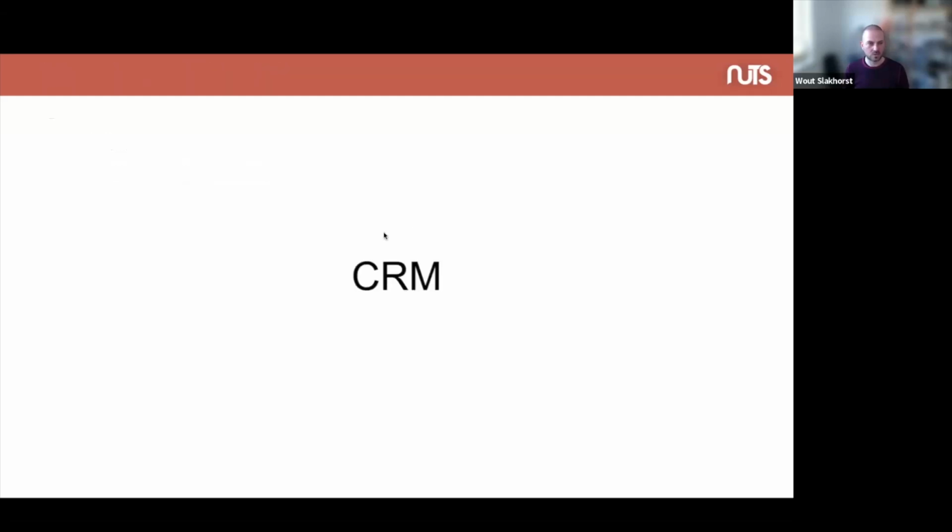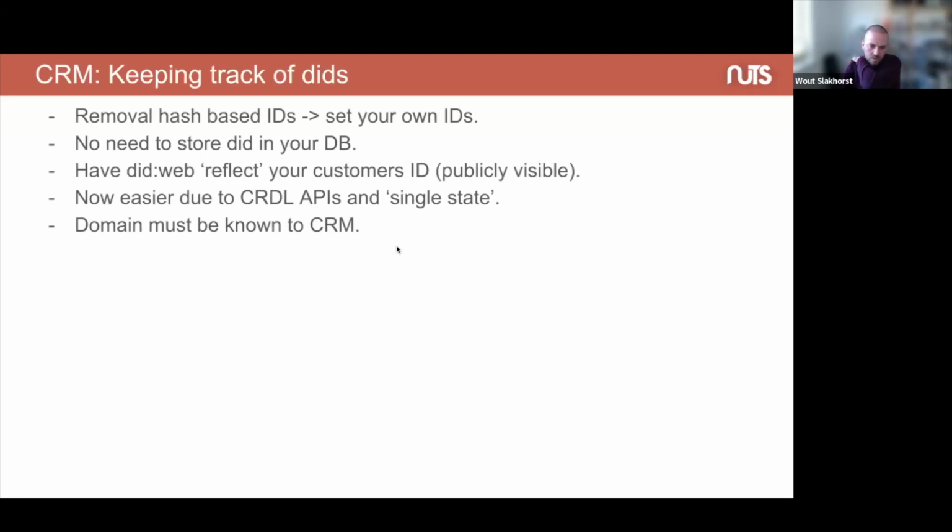Okay, so bringing these two together, the DID web part and the SQL database, how are you going to manage the DIDs for your customers? So, keeping track of the IDs. I mentioned this earlier, and it's an important part, because the identifier part of the DID is no longer hash-based.